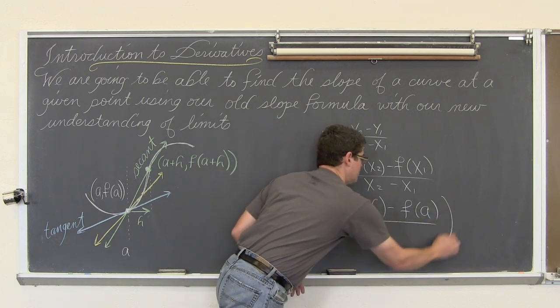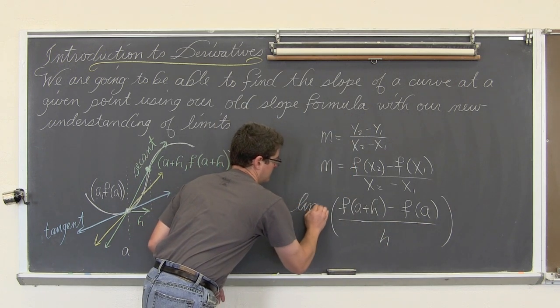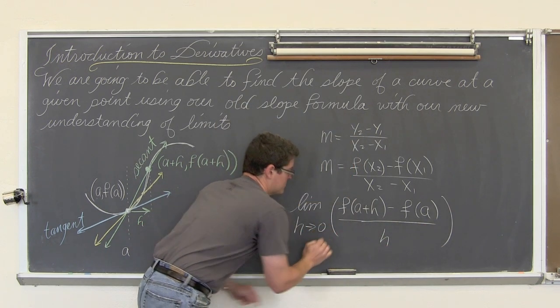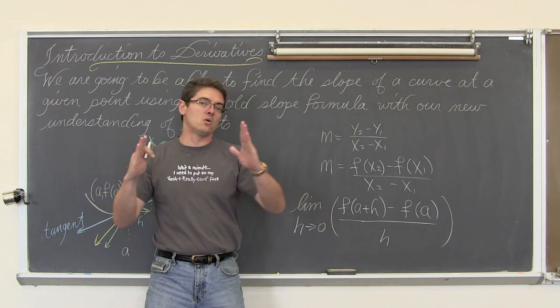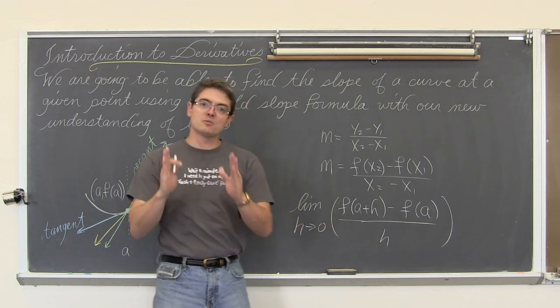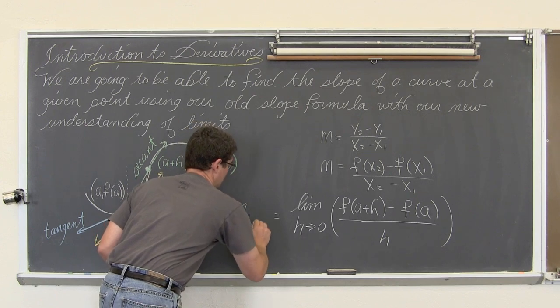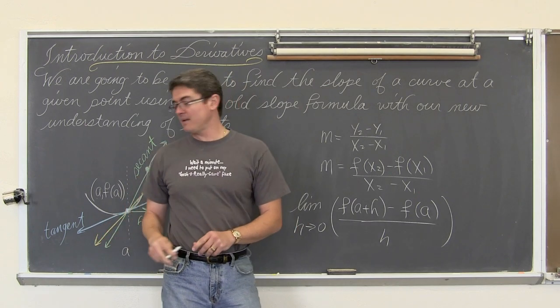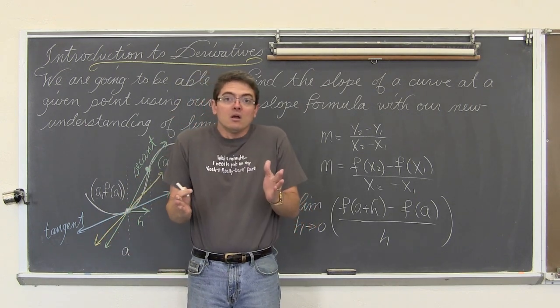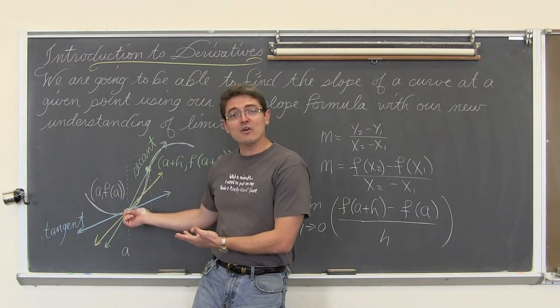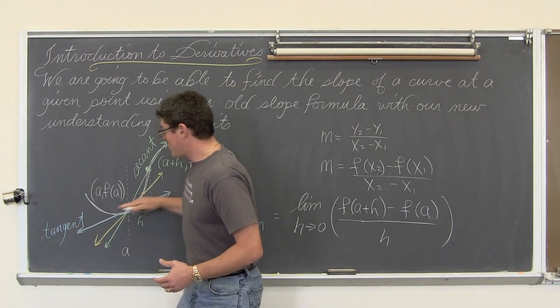If we let the limit of h approach 0, if we let the horizontal distance between these 2 points approach 0, well then we're going to get the slope of the tangent line at that point, or the slope along the curve. And we can actually find the equation of that tangent.